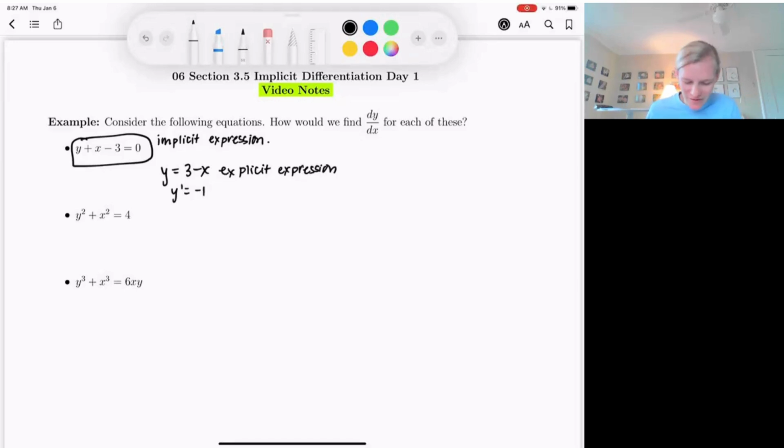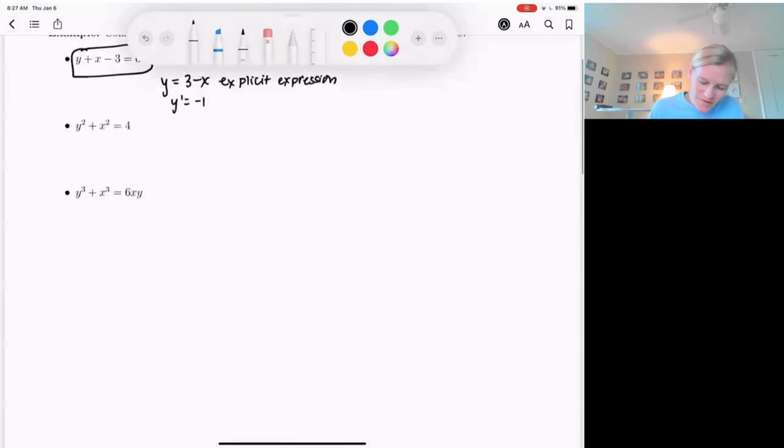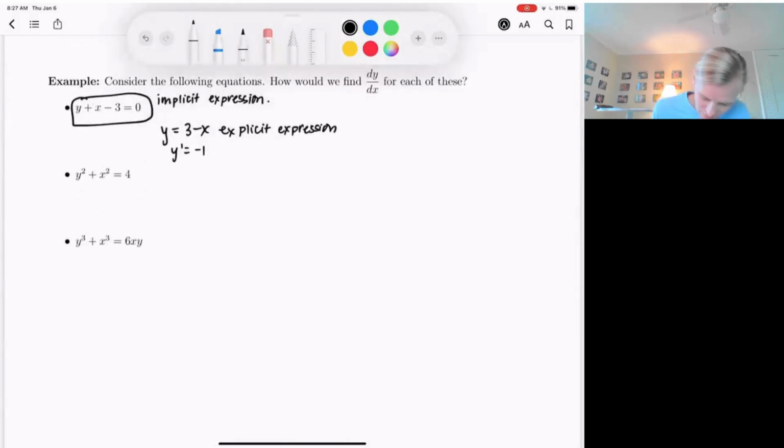So what if we look at these other examples here? Once again, these are both implicit expressions. y's and x's are all mixed together. We're not given y is equal to one particular expression. If we wanted an explicit expression for this first one, I could rearrange it. So I get y squared is 4 minus x squared.